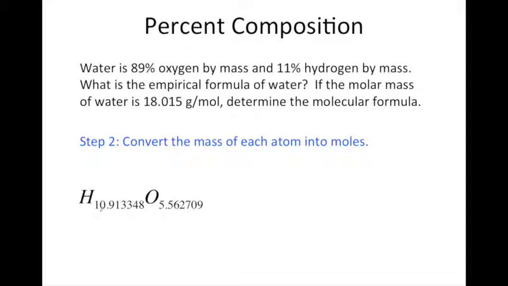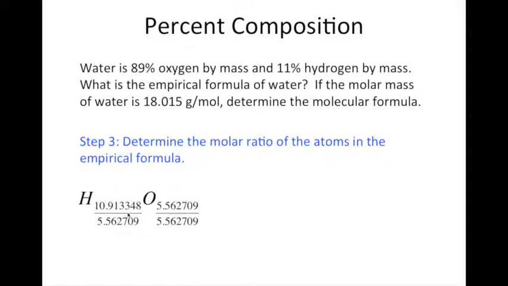So what we have to do is figure out the simplest whole number ratio to get our empirical formula. And we do that by dividing the moles of each atom by the lowest number of moles. So in this case, we have fewer moles of oxygen, so we divide the moles of oxygen by 5.562709 and the moles of hydrogen by that same number.